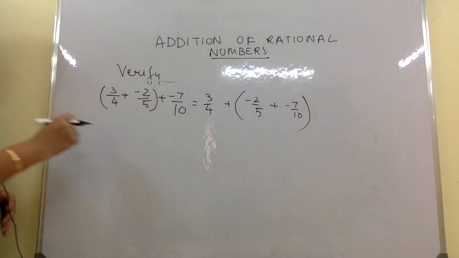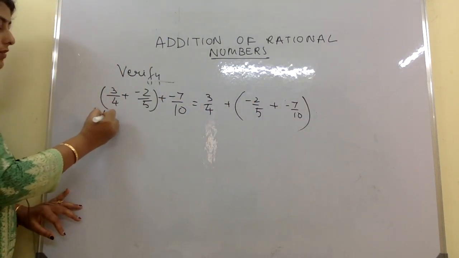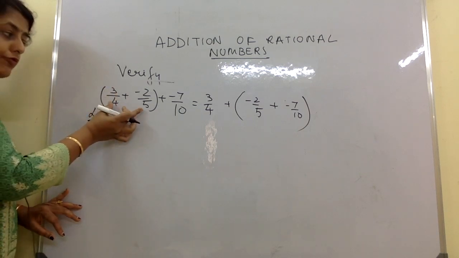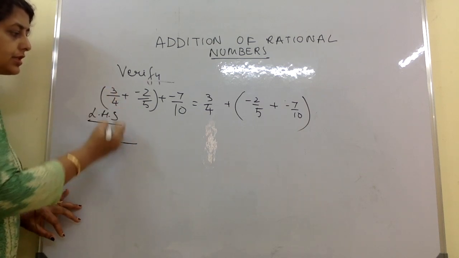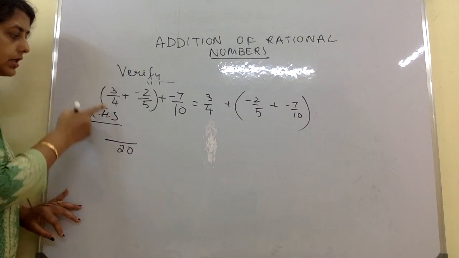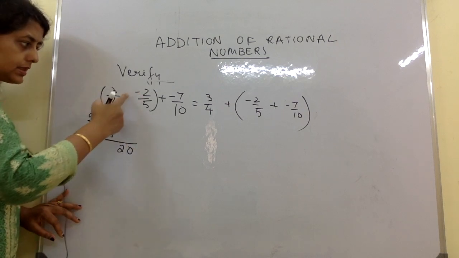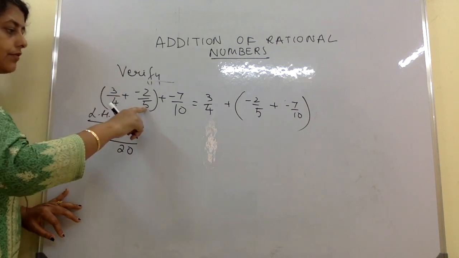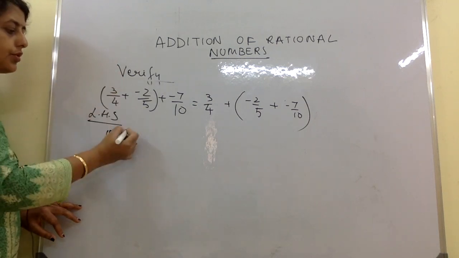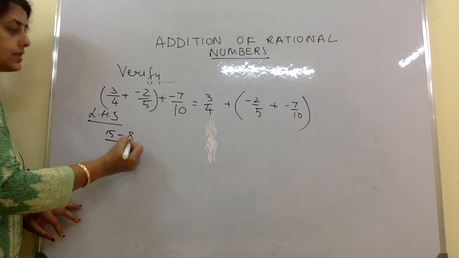Now we have to verify this. Let me start with the LHS. So I will first be working on this. How much is the LCM? LCM is 20. 4 into 5, 15, minus, plus into minus, minus. 5 4s are 20, 4 into minus 2, minus 8.